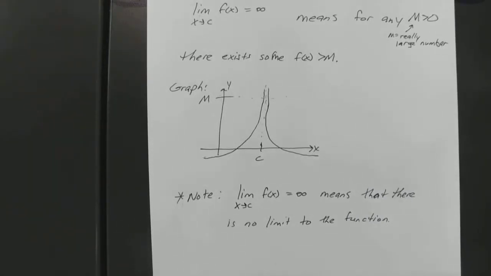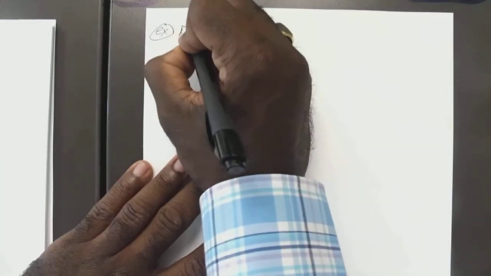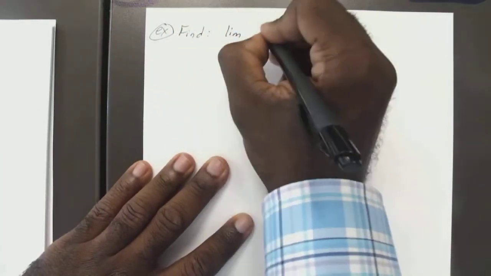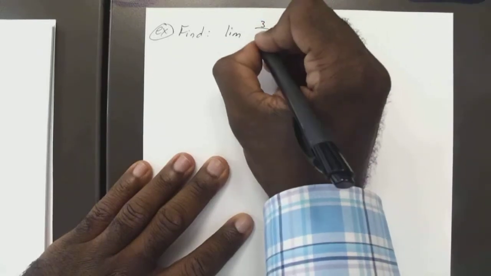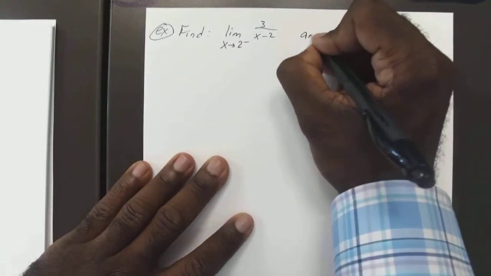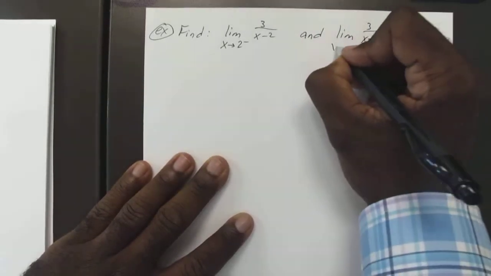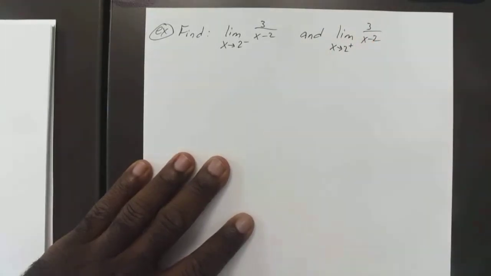All right, so let's do a quick example. Let's say you wanted to find the limit of 3 over x minus 2 as x approaches 2 from the left, and the limit of 3 over x minus 2 as x approaches 2 from the right.